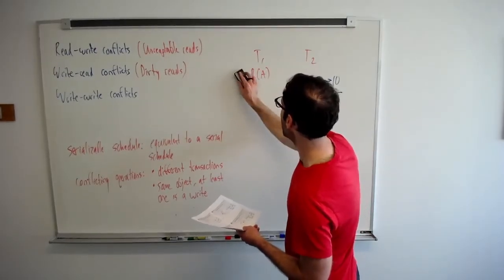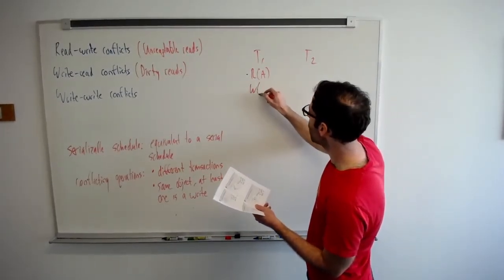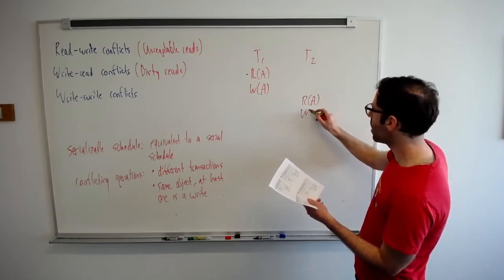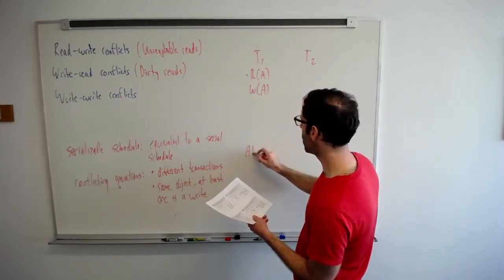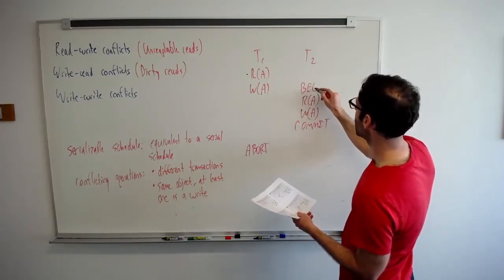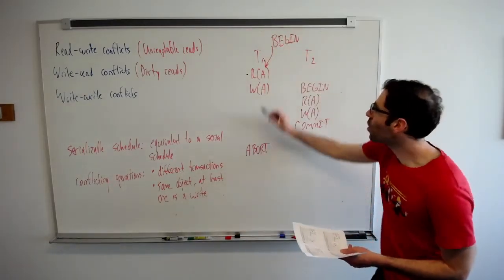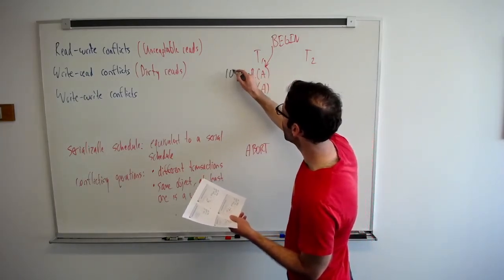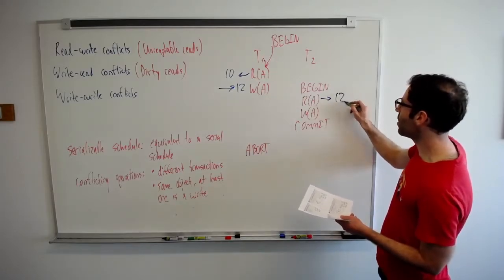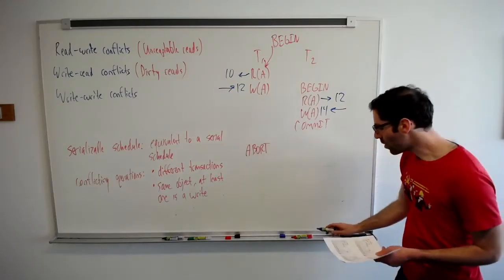So transaction 1 reads A and then writes A, transaction 2 reads A, writes A, and then commits. If transaction 1 reads A, sees 10, updates A to 12, and then transaction 2 reads A, finds 12, adds 2 again, updates it to 14, and then transaction 1 aborts, this is a problem.